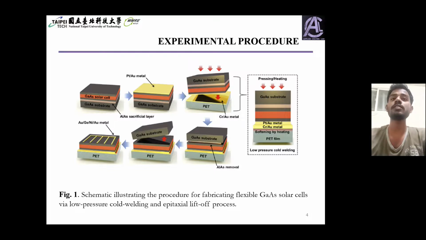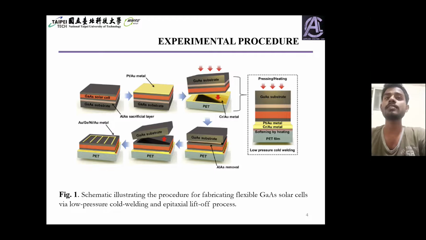And the next one is the epitaxially grown gallium arsenide solar cell, which is cut into pieces of 0.6 by 0.6 centimeter square, and the ohmic contact layer, like platinum or gold, was formed on the top of the gallium arsenide solar cell epitaxy to enable metal-metal bonding with the metallic layer of chromium and gold coated on the flexible substrate.